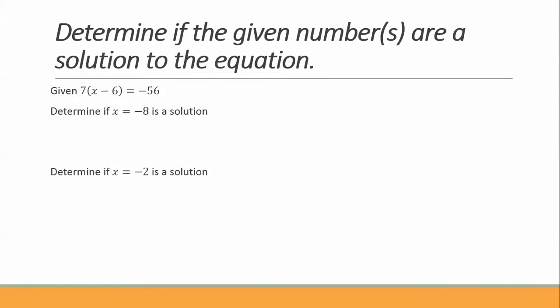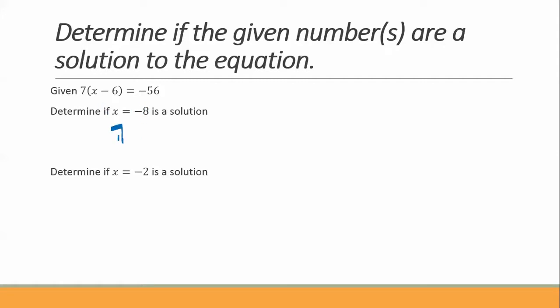So for instance, we have 7 times (x minus 6) equals negative 56. We're going to check and see if negative 8 is a solution. So we substitute negative 8 where x is.